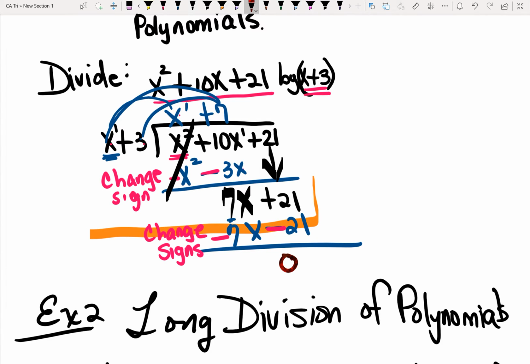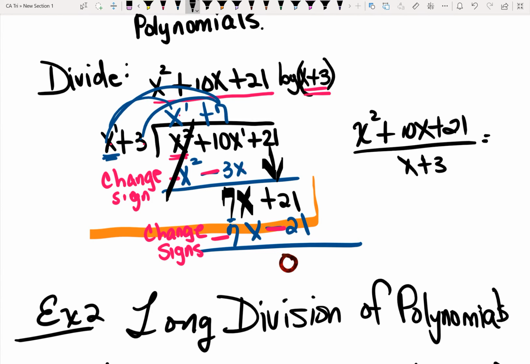So the answer to this question then becomes, in terms of the final remainder, we would answer this as x squared plus 10x plus 21 divided by x plus 3 equals x plus 7, and that is the factor. This is your quotient, so this would be called the quotient.